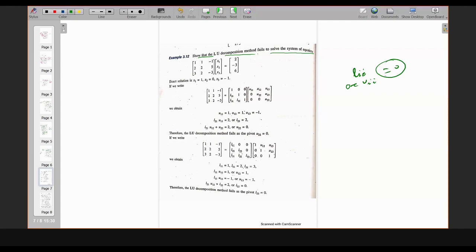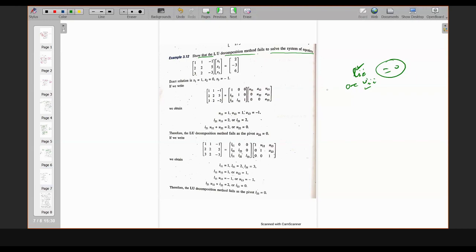It is not required that all the elements Lii and Uii equal 0. If one of the elements is 0, then this method cannot be applied.